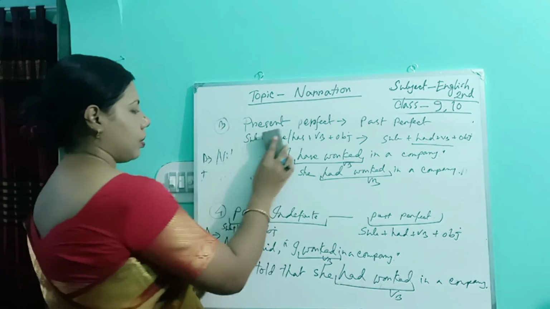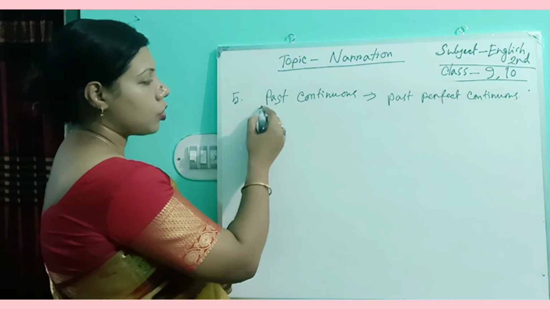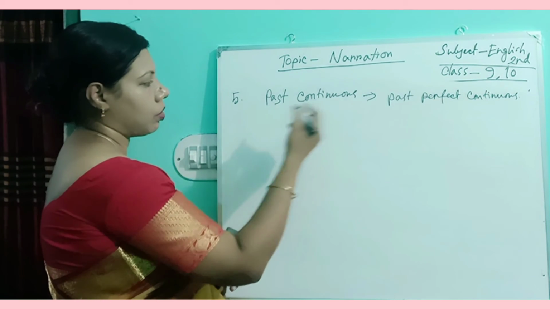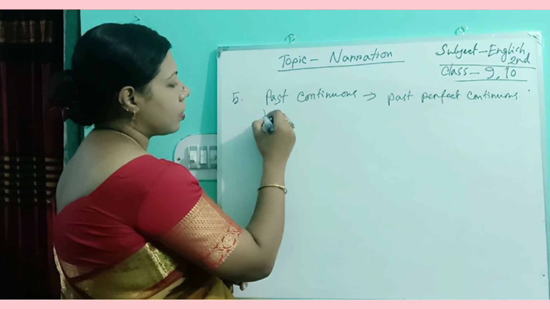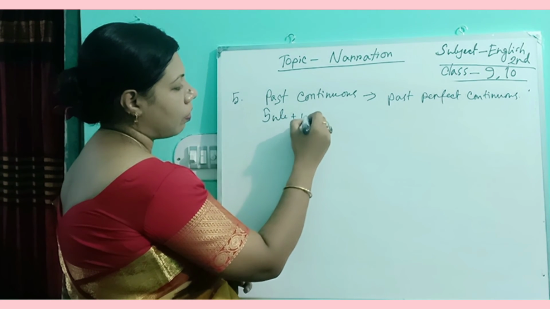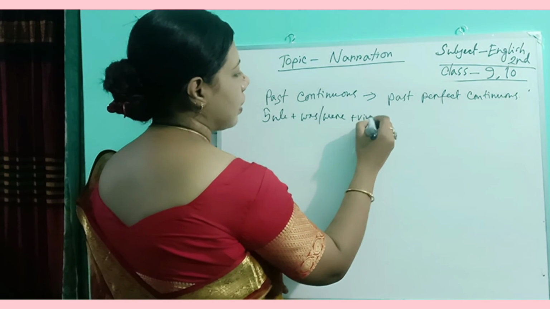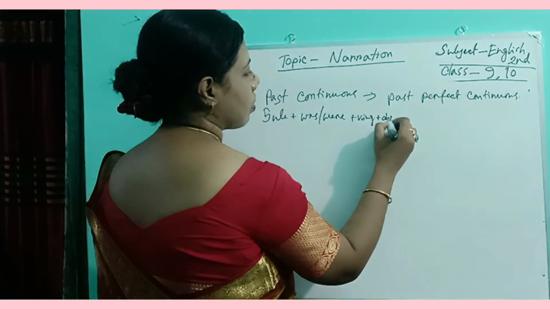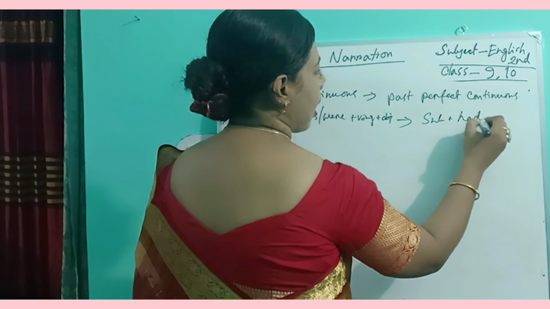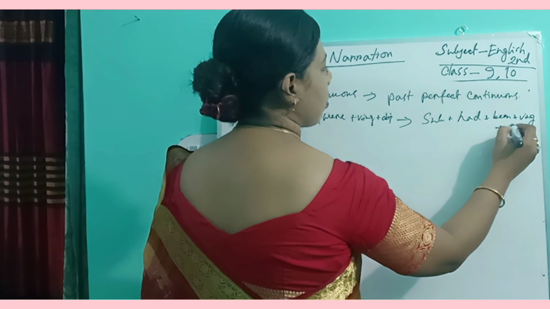Another rule: if the given speech is past continuous, it will be changed to past perfect continuous. The form is subject plus was, were plus verb ing plus object. Past perfect continuous: subject plus had plus been plus verb ing plus object.